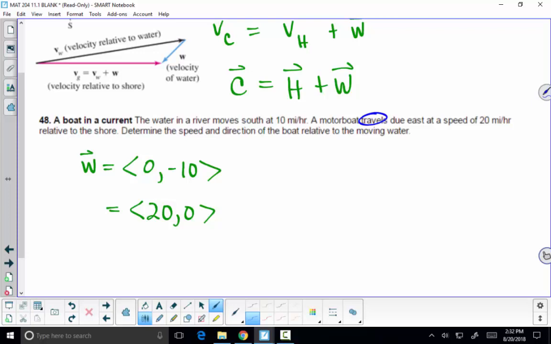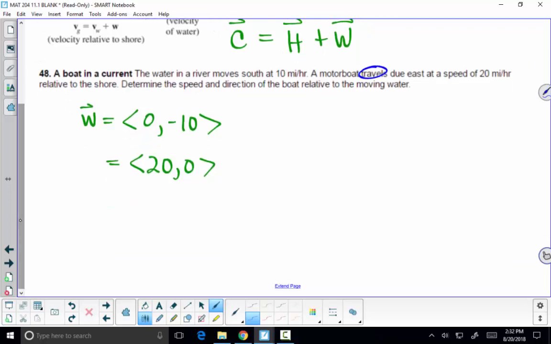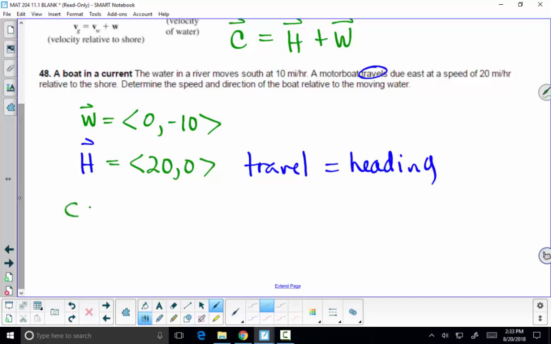So here we assume that travel equals heading, we're going to do it one way. If it equals heading, then we're going to call that H, and we're going to end up with a course equals the sum of the two. It's going to be 20, -10.